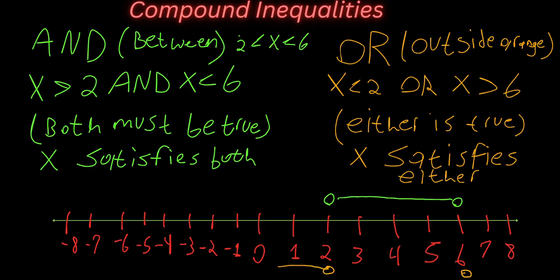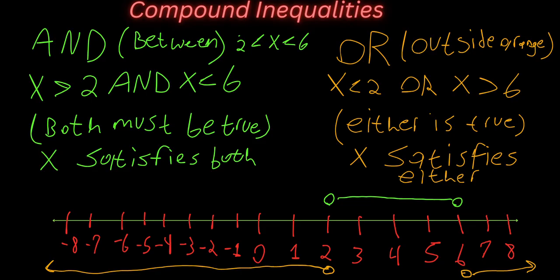Well, it's saying that any value outside of the numbers between 2 and 6 can satisfy the inequality. So basically, an and statement and an or statement are opposites.